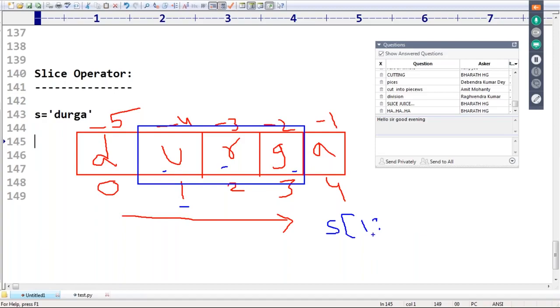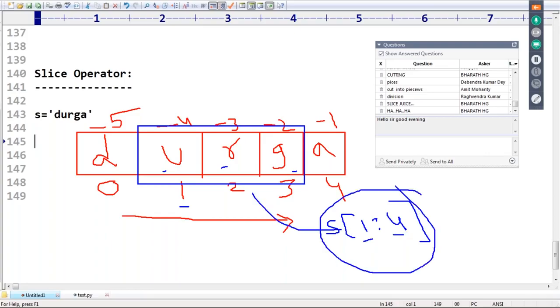Slice is always going to take n minus 1, so n minus 1 means 3. So 1 to n minus 1. If you take S of 1 comma 4, by default you are going to get 1 to 4.